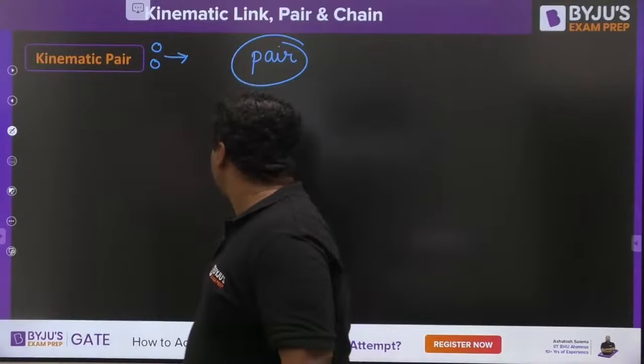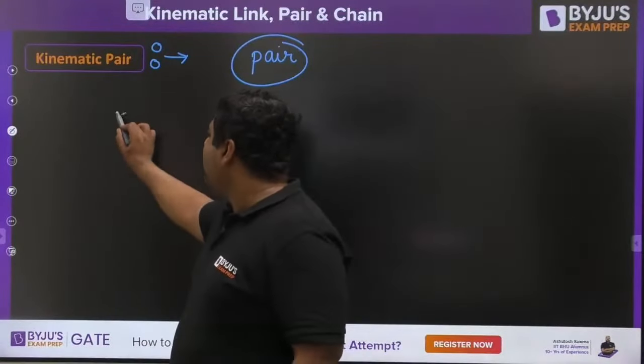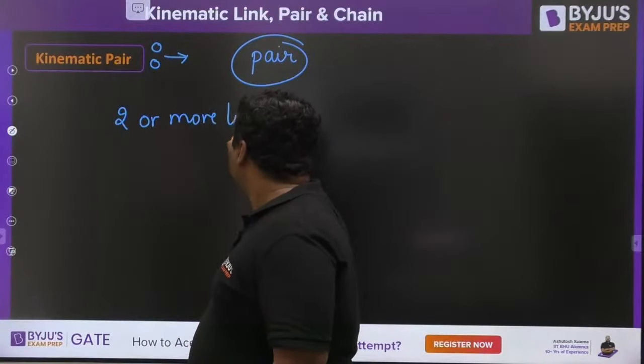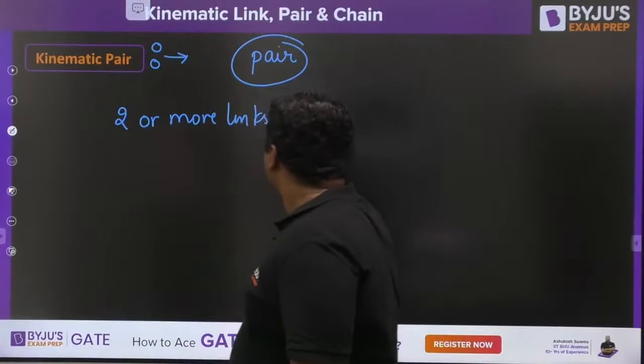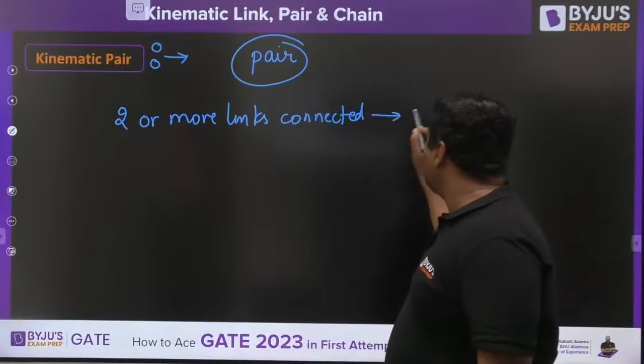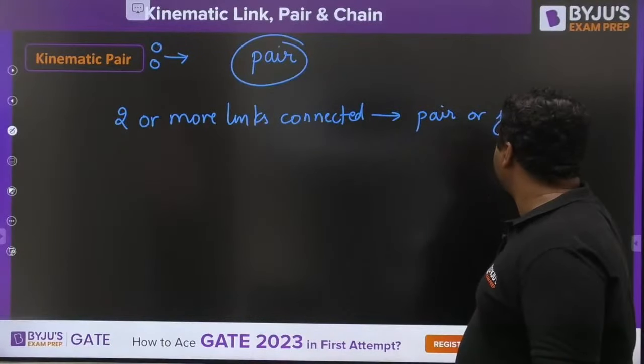But every pair is not a kinematic pair. So, my dear, if we have two or more links connected, it is said to be a pair or joint.